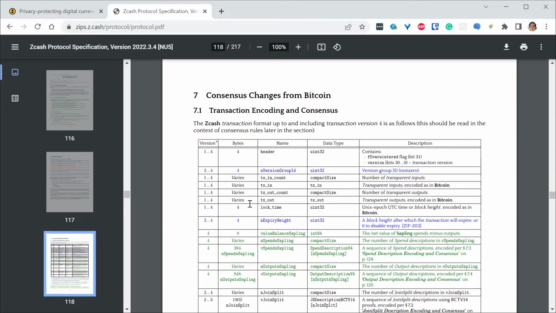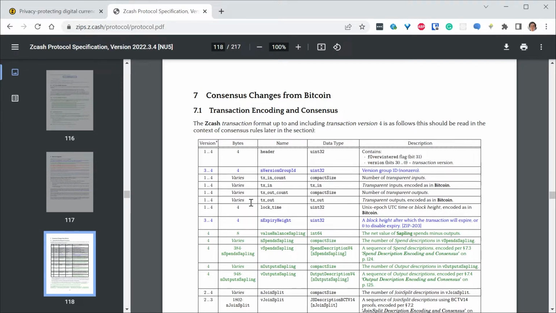That's the main difference, though. As you can see, even the transparent component of a v5 transaction is different now than in a v4 transaction. So the end result is that in the network you would have some transactions of v4, some transactions of v5, and they are not compatible. If you have a wallet that understands v4, it would not be able to understand v5 without an upgrade.